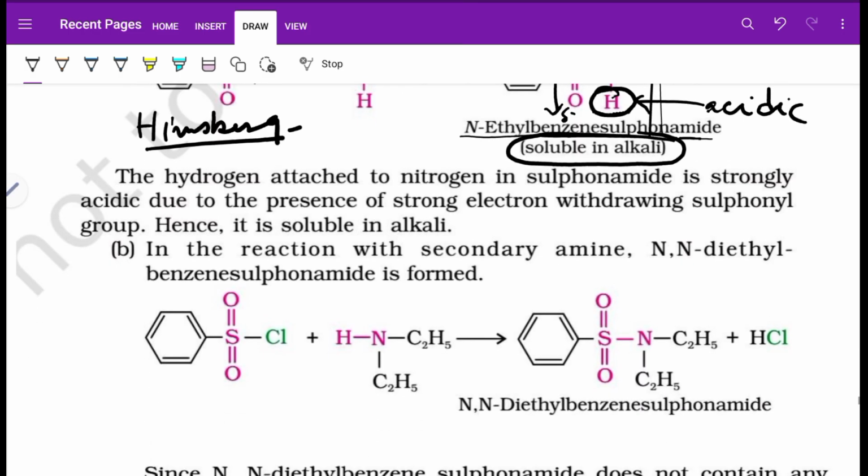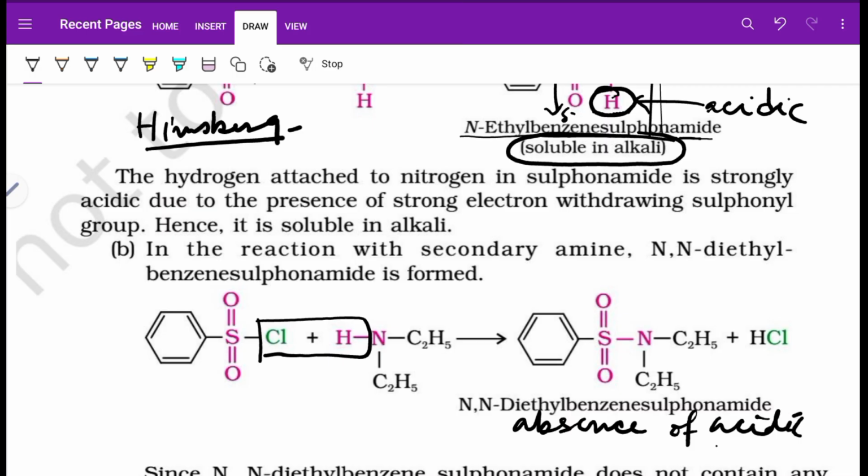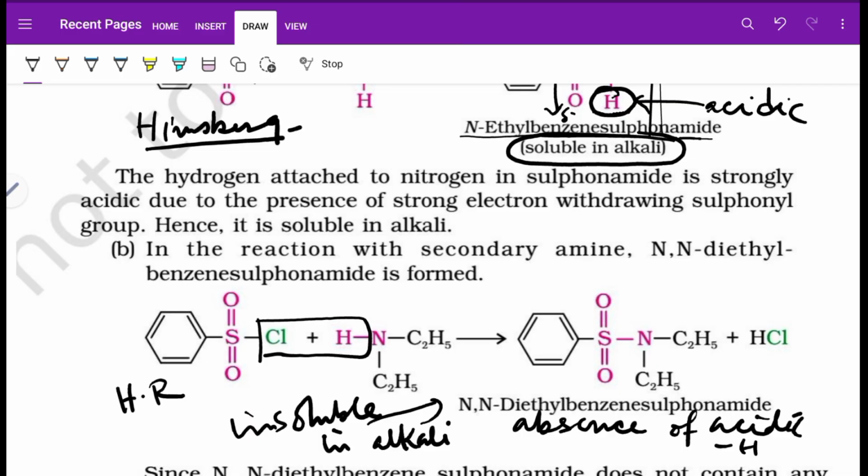Now the product for a secondary amine, after the elimination of HCl, due to absence of any acidic hydrogen, is insoluble in alkali. So it doesn't mean that with Hinsberg reagent, a 2 degree amine will not react.